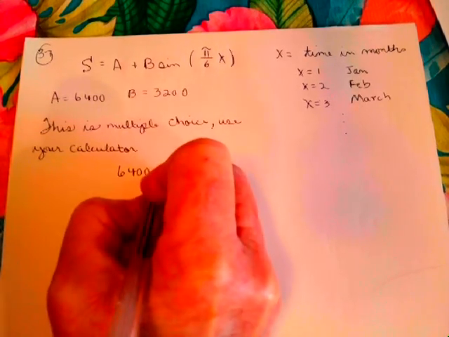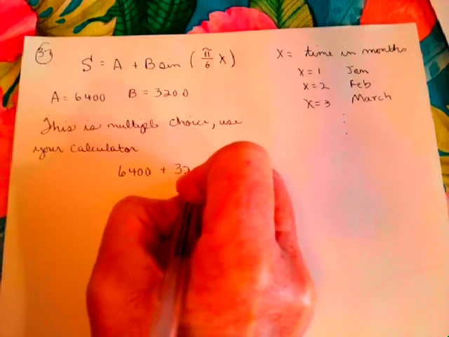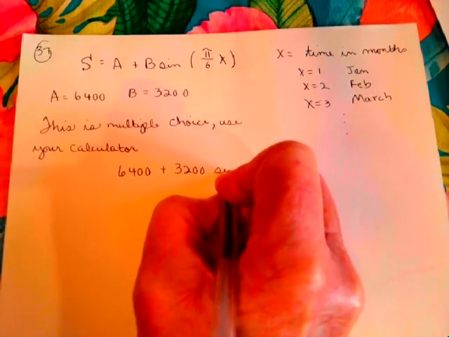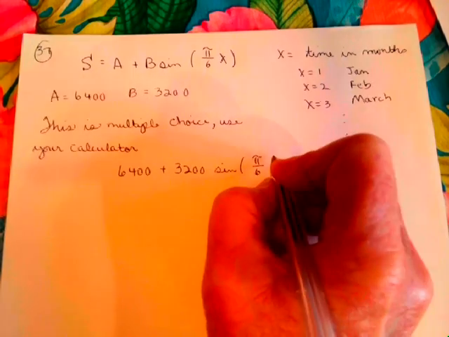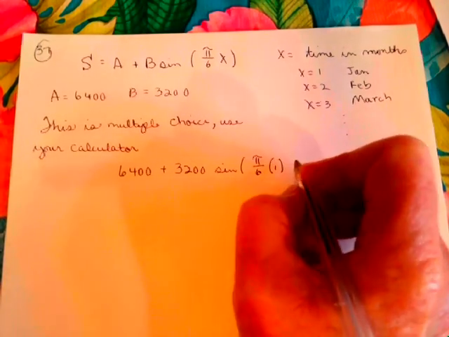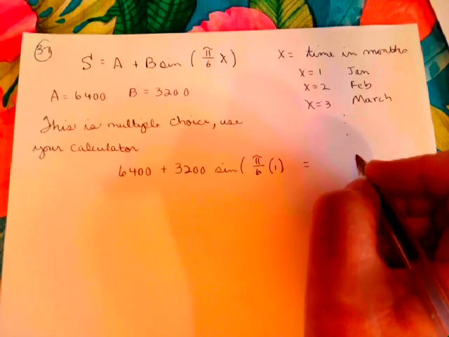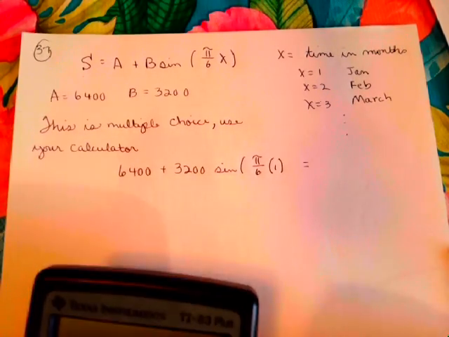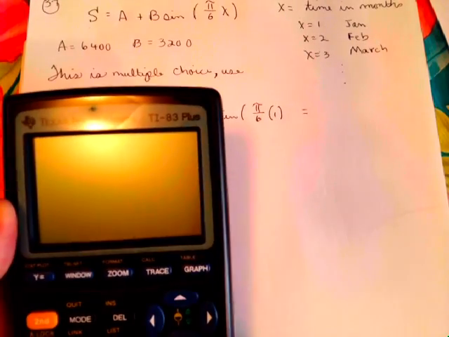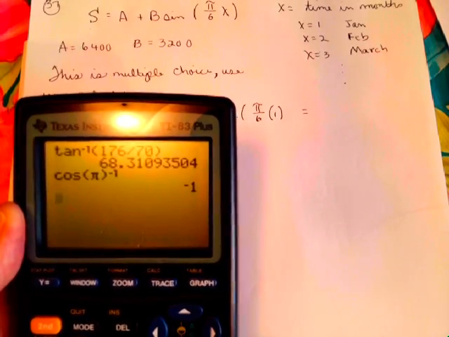$6,400 plus 3,200 times the sine of pi over 6 times 1 equals, let's check that out and see what that's going to give us. Be sure you have your calculator in radians.